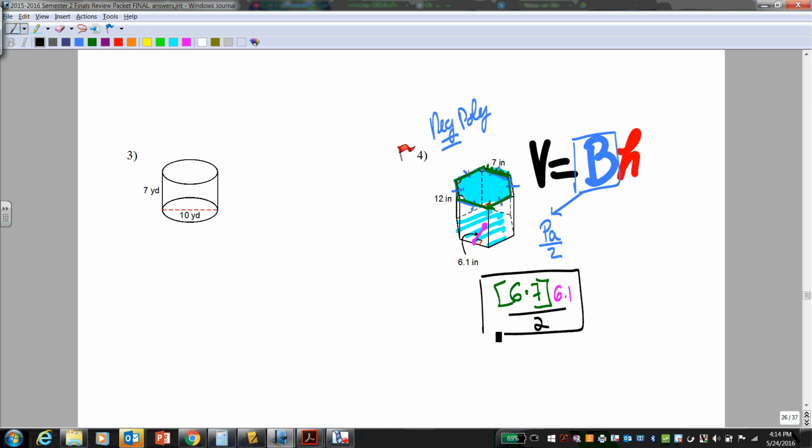Again, I like to box that. All of this just gives you your base. Then here you do the height, and height is distance between the bases, so of course your height is going to be 12. Just clean that up. Circle, plug, chug.